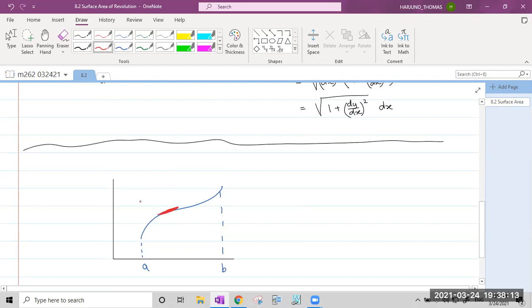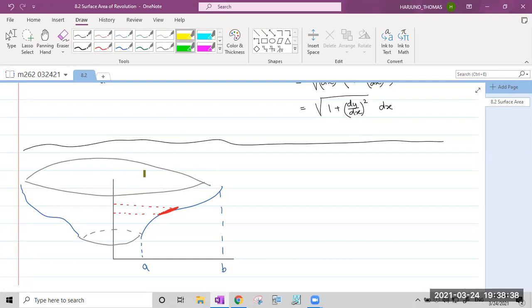Let's say this is my strip, but I want to revolve it this way. So at the end, the surface becomes something like this.